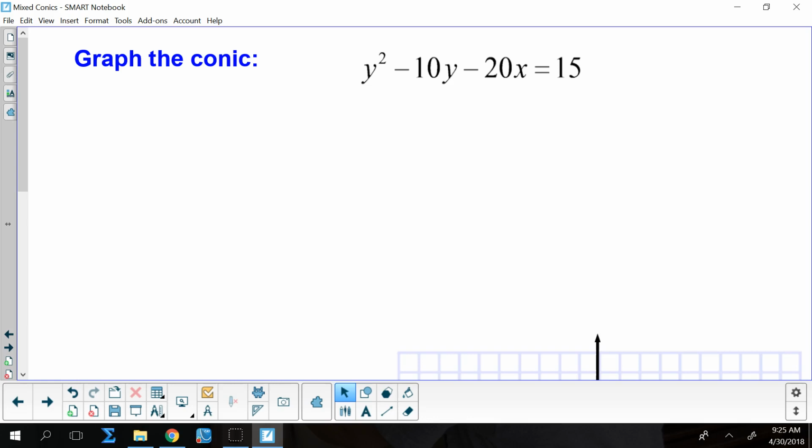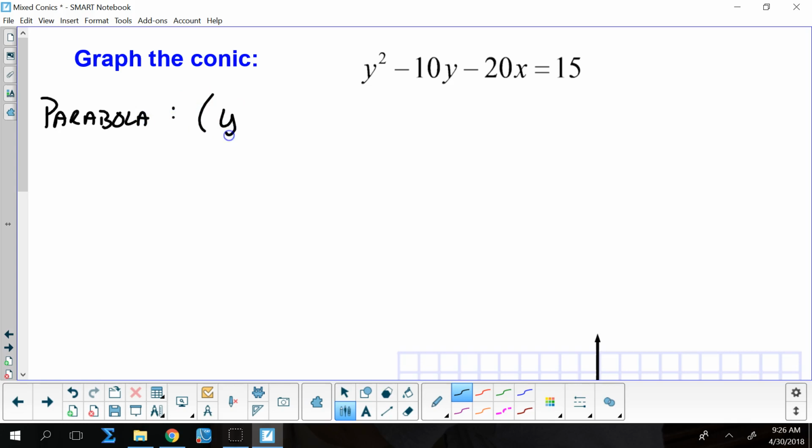Why is it a parabola? There's only one squared term in it. Which variable is squared? Y. So this is a parabola. Its standard form would be y minus k, quantity squared, equals plus or minus 4p times x minus h.